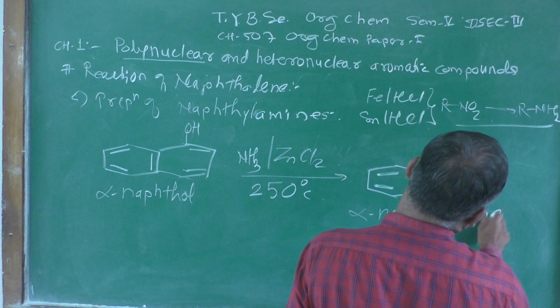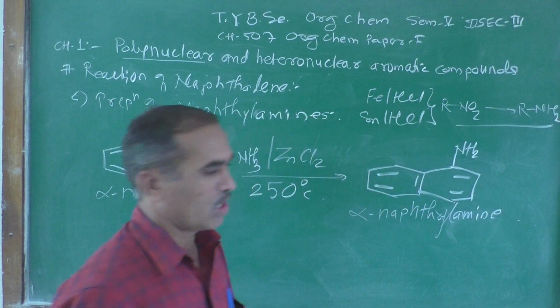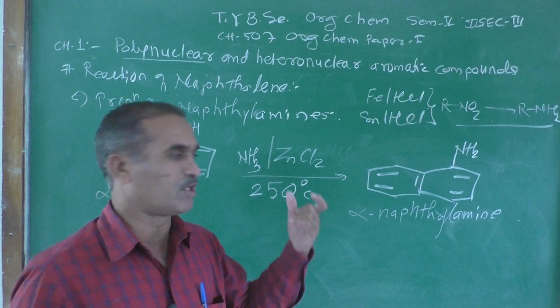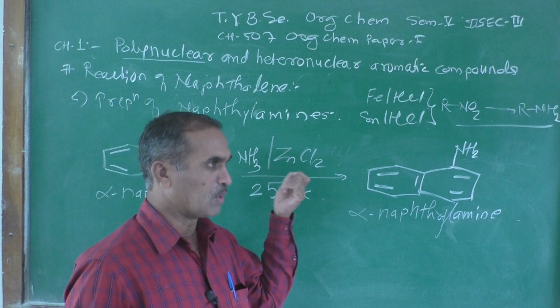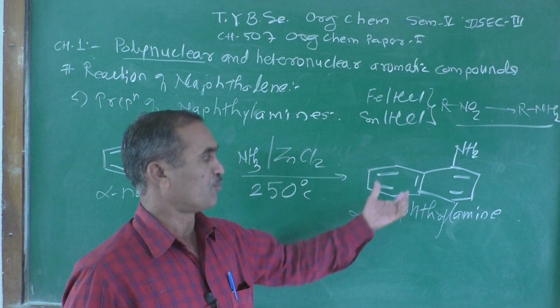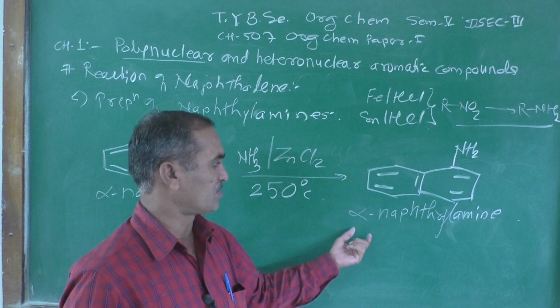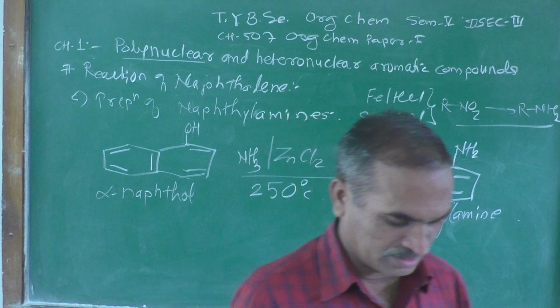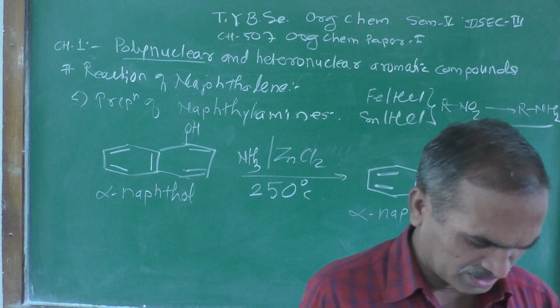In the previous example we already know that the IUPAC name of this compound is 1-amino naphthalene. That is the way of giving the IUPAC name.